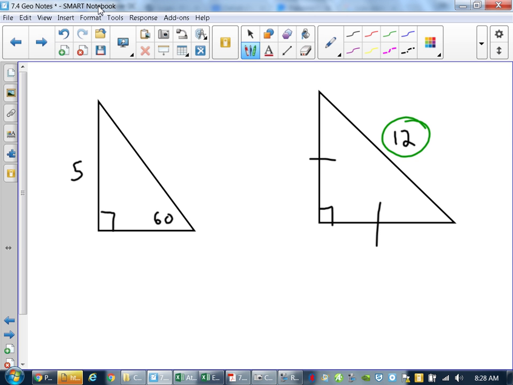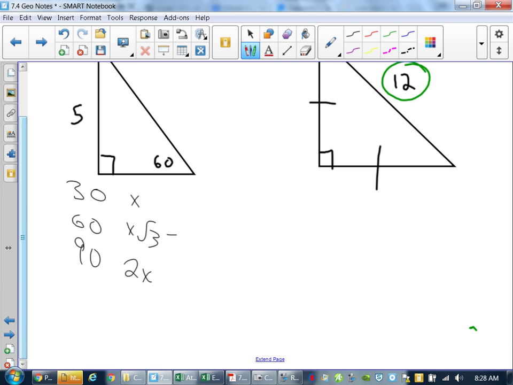With the 30, 60, 90, if you know that across from here is equal to 5, that means the value of x was 5 root 3 over 3. So here is 5 root 3 over 3.